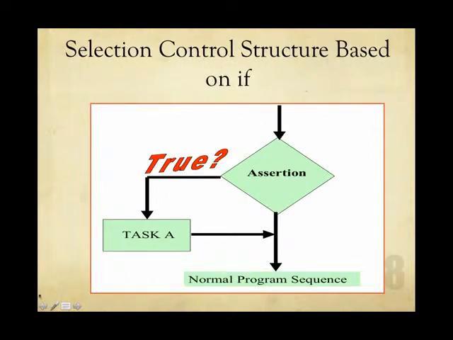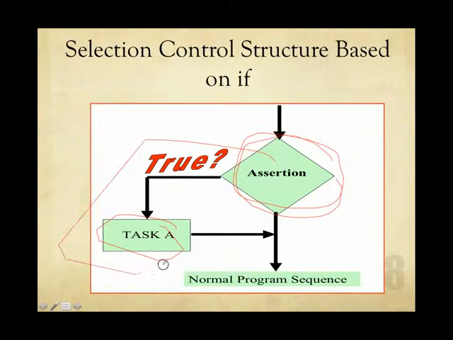The selection control structure based on if is like this: we make some sort of assertion in terms of a Boolean expression. If the assertion is true, then we do a task, but if it's not true, then we skip this entire branch and do the statements which are after that.